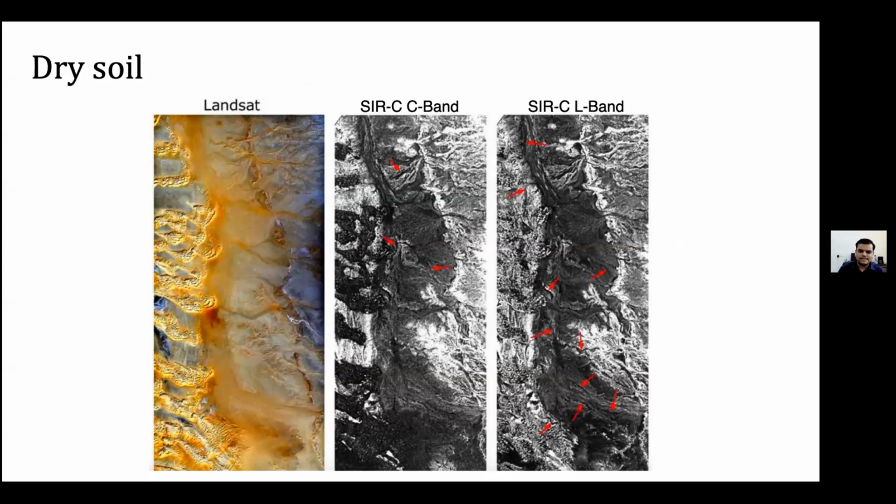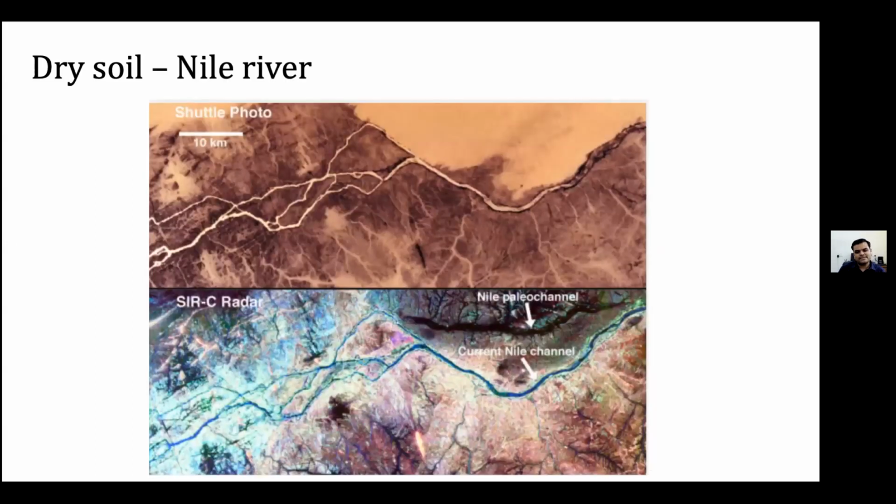An example is this Landsat image in a dry region and the corresponding C band and L band data. The geological structures buried underneath dry soil, particularly in a desert, are much more easily visible in radar datasets. A famous example is the Nile River paleochannels. In the optical data acquired from the shuttle, the current Nile River path is clearly visible. But in the C-band data, we can clearly see a paleochannel.